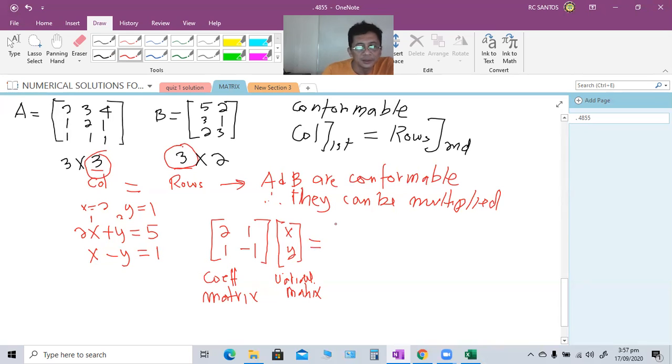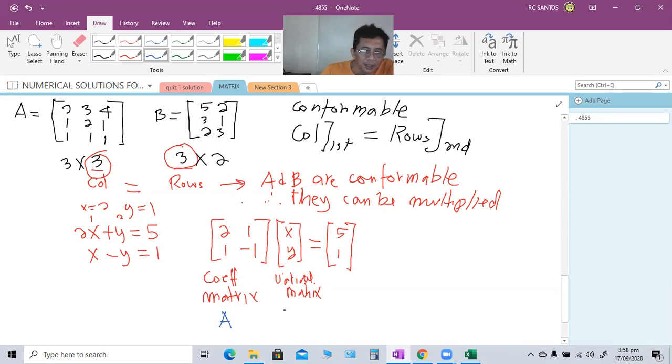So this one is equal to the constant matrix, which is 5 and 1. In symbol, ganito yan. Let me change the color. Ito yung tawagin natin matrix A, yung coefficient matrix.